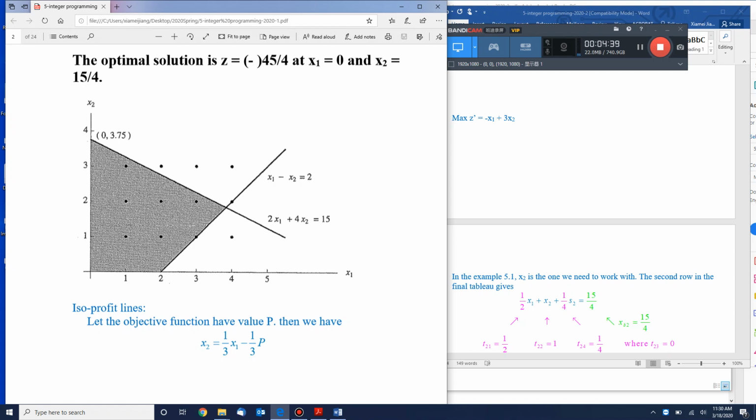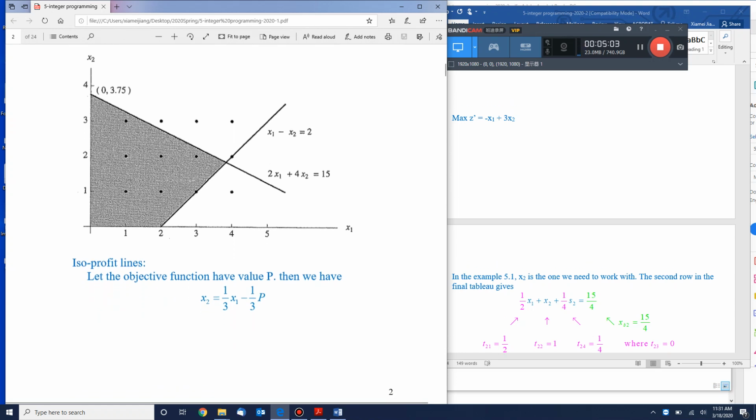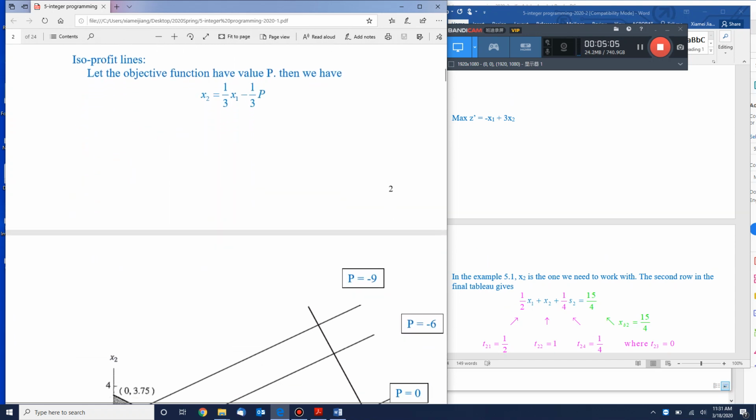That means the objective function has the same value at the points on each of the lines, right? So the p value won't change on each of the lines. Okay, so here we are drawing these lines.